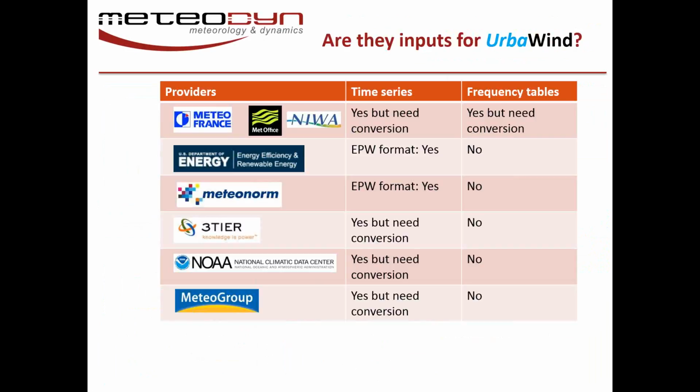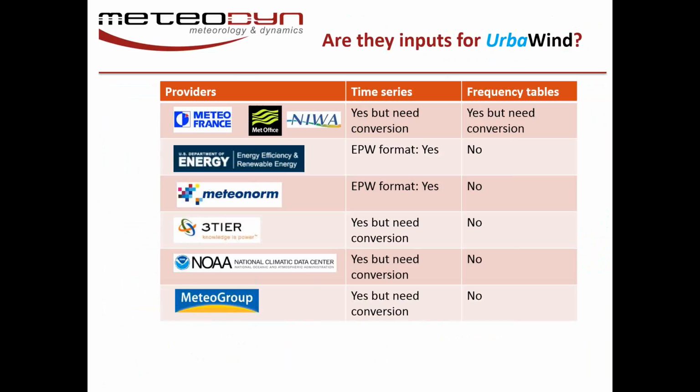Can this data be used in UrbaWind? Yes, you can use it, but for some of them you need conversion, which is not very difficult, because you use Excel and it's okay. But directly you can use the UPW format from Meteonorm or the US Department of Energy.